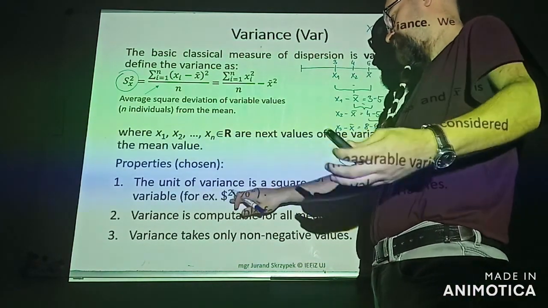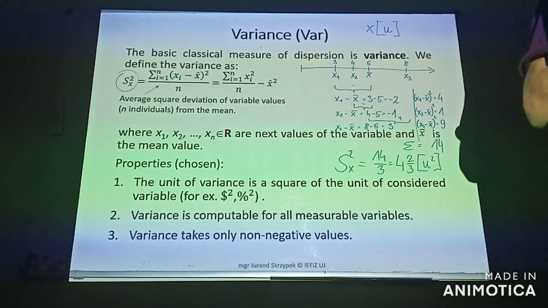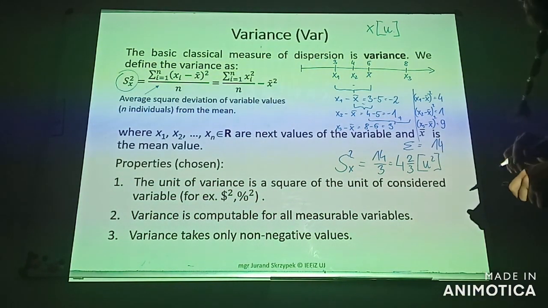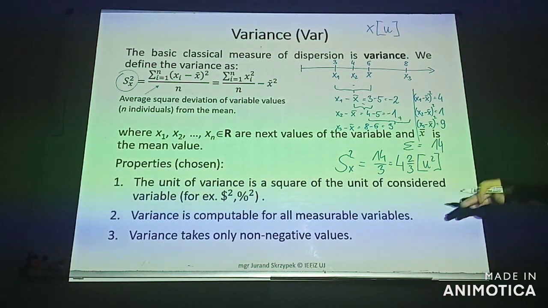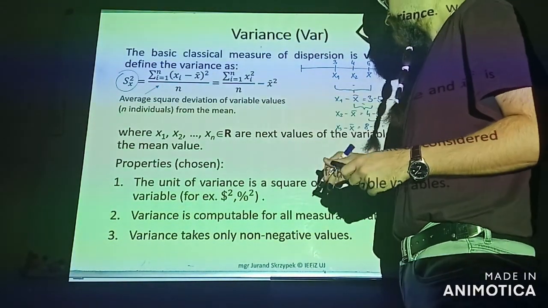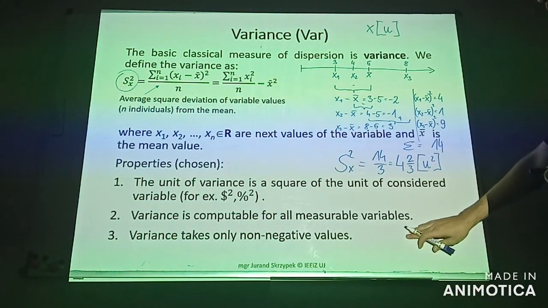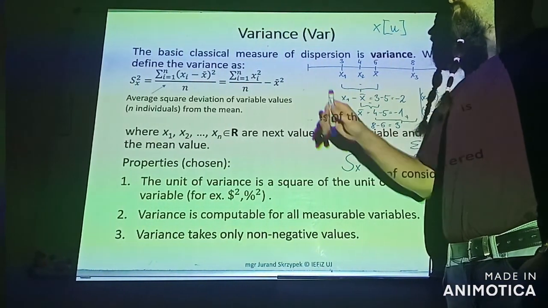What does it mean if I have something expressed in dollars squared, or in percent squared? It has no sense. So this measure has no economic interpretation. Variance is computable for all measurable variables, and we talk about squared values, so variance takes only non-negative values, of course.